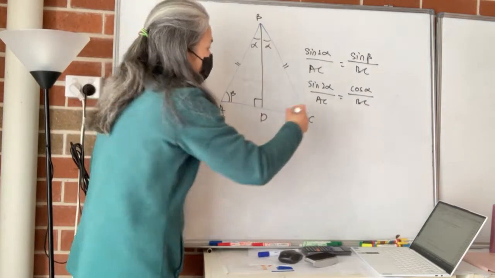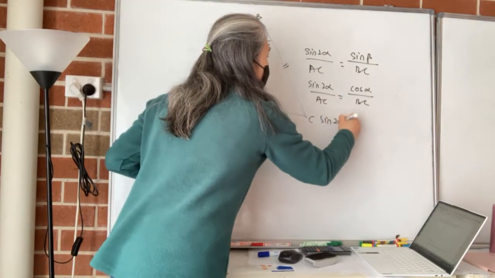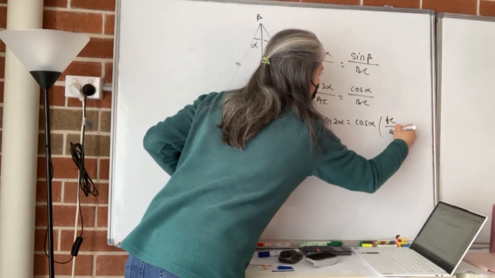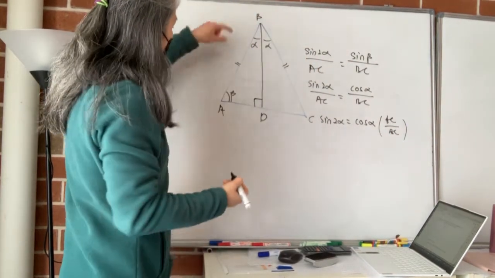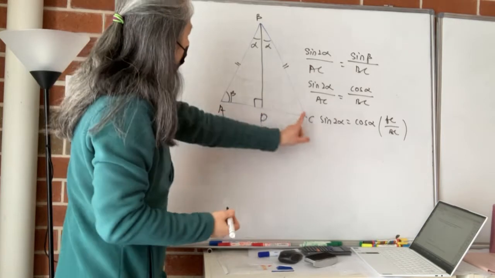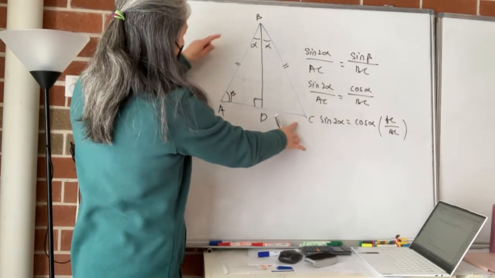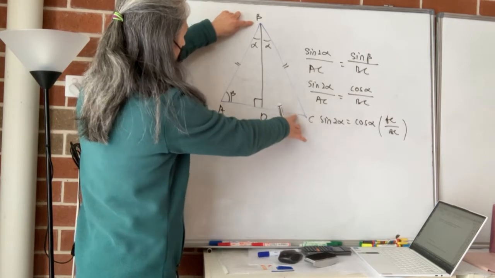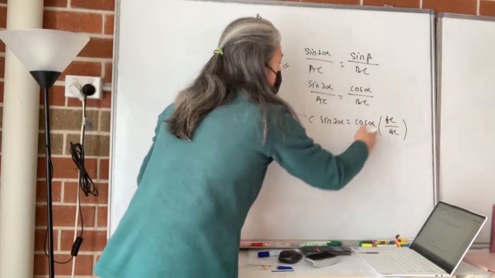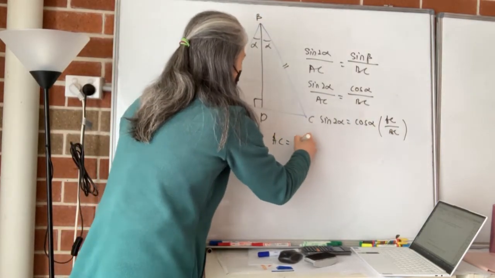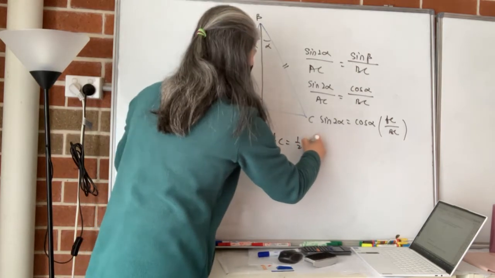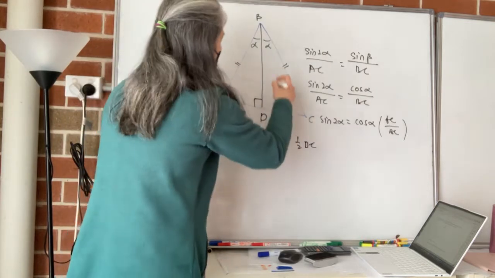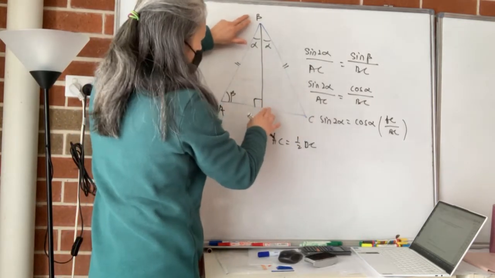And now, sine 2 alpha is equal to cos alpha times AC over BC. I know AC equal to a half of BC. That's what we know.